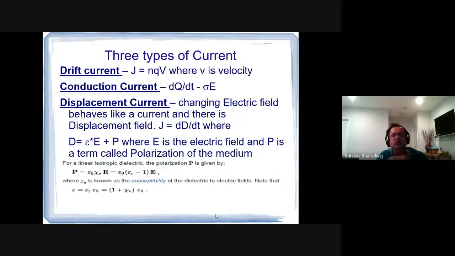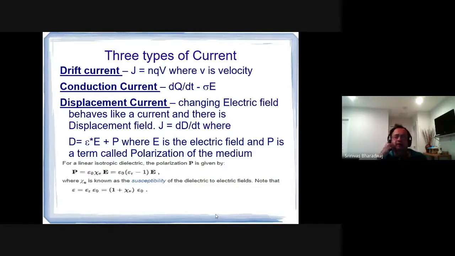There is no actual flow of electrons through the capacitor, but there is a brief moment when there is a separation of charge inside the dielectric. Therefore, at that moment there is what you call displacement current, and this current also behaves like a current when you just switch on a circuit which has a capacitor. Then we say that there is a displacement current.